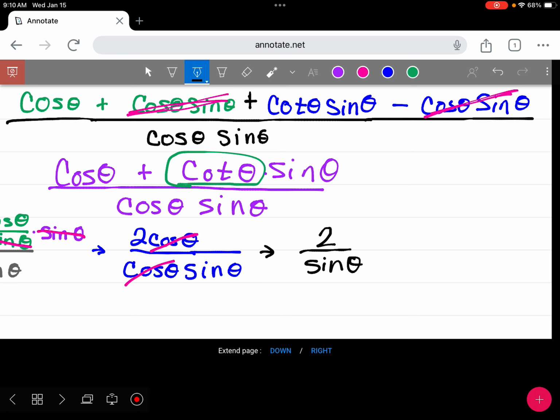What is the same thing as the reciprocal of sine? Sine goes with, which one? Cosecant. So this is the same thing as having 2 times cosecant of theta, because sine and cosecant are reciprocals of each other. So 1 over sine is the same thing as cosecant. So 2 times 1 over sine is the same thing as 2 times cosecant, which I actually have an error.